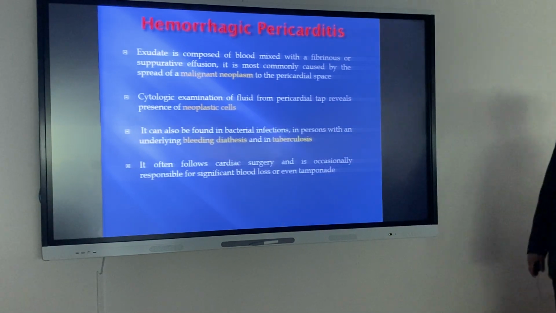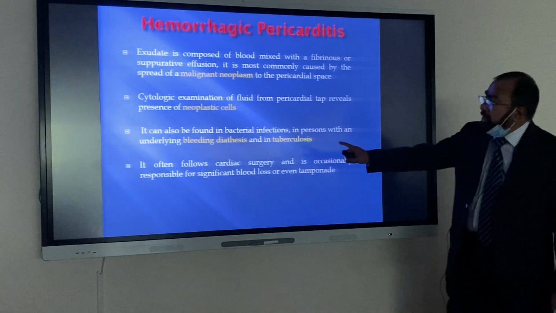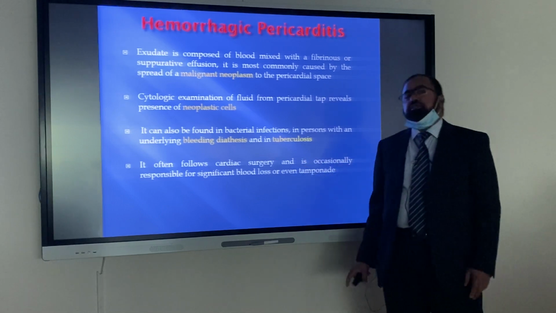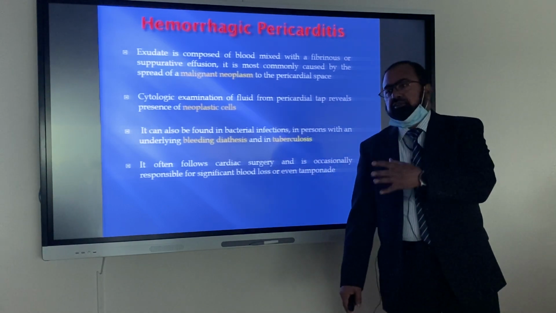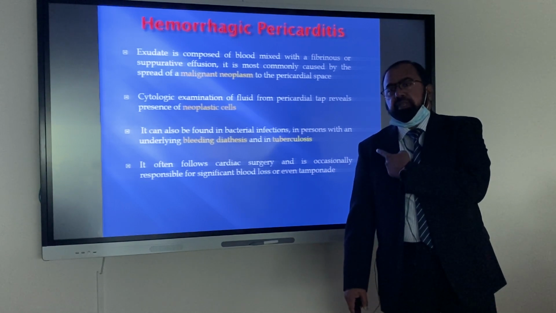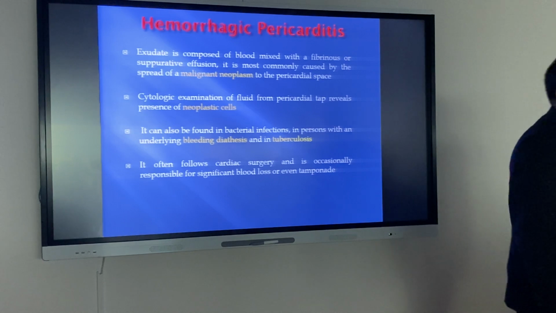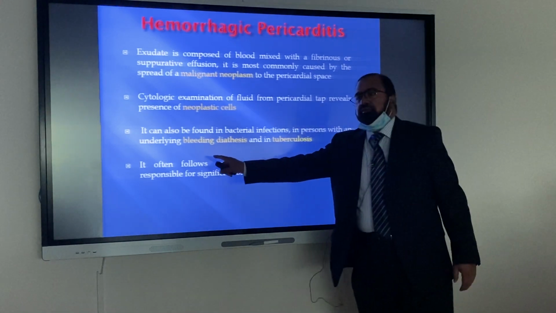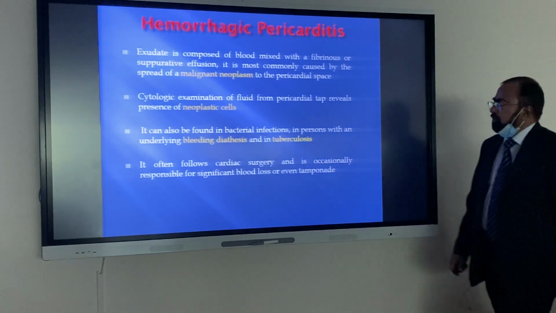It can also be found in bacterial infection, in a person with a bleeding diathesis, and in tuberculosis. 80 to 90% of cases are because of a tumor. But if there is no tumor, then probably the patient has some bleeding problem, right?